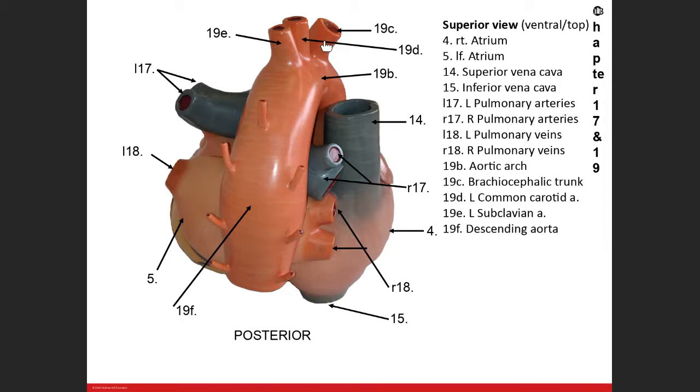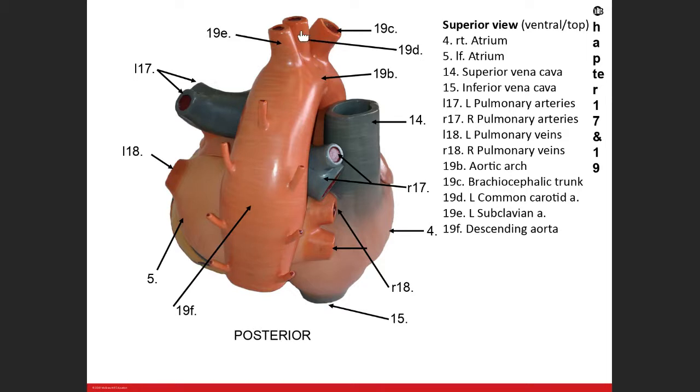The brachiocephalic trunk will then split off into your right common carotid artery and the right subclavian artery, but it hasn't done that yet in this model. So this first guy here is the brachiocephalic trunk.